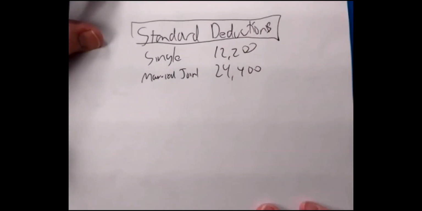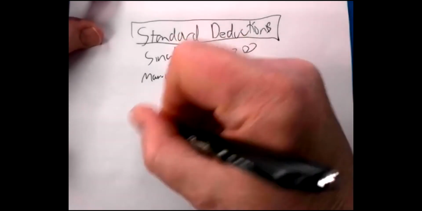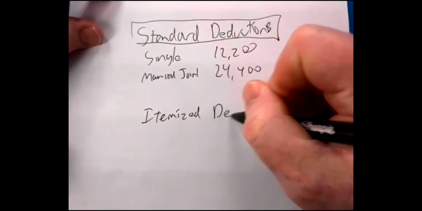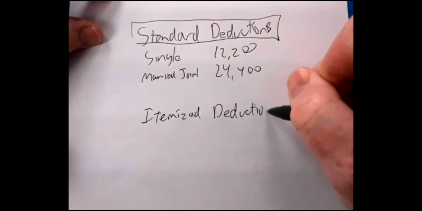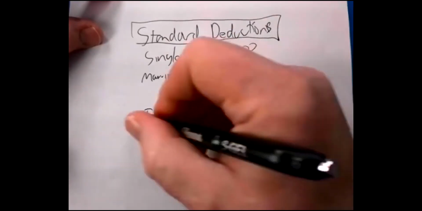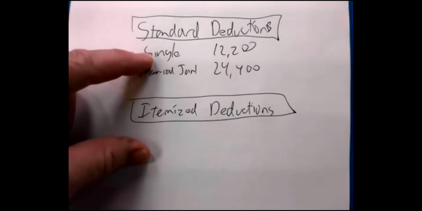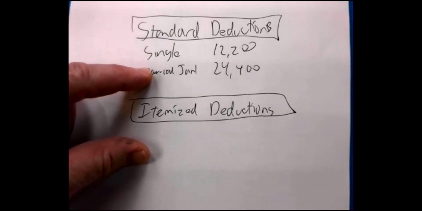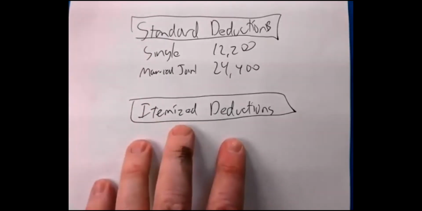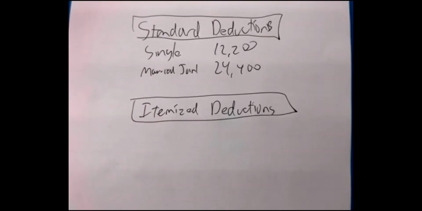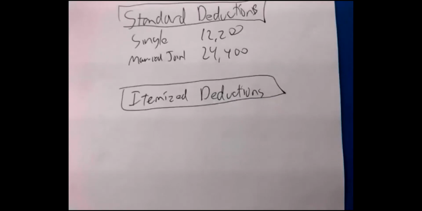Now, they can do the standard deductions or they can itemize. And itemizing deductions used to be very popular. They were a real pain in the butt, but they were really popular, because the standard deductions were fairly low. The itemized deductions allow you to itemize a lot of the things that you have expenses for that are allowed.